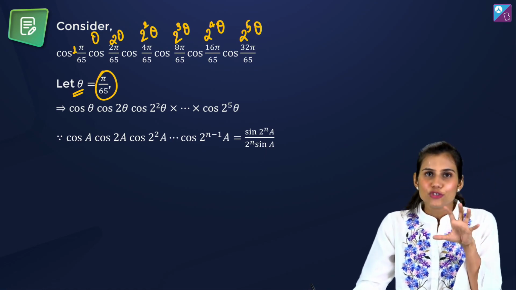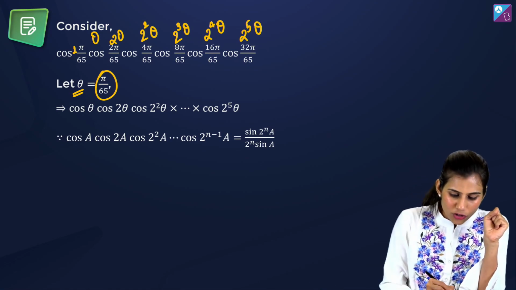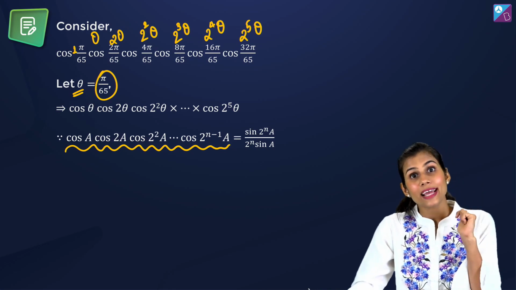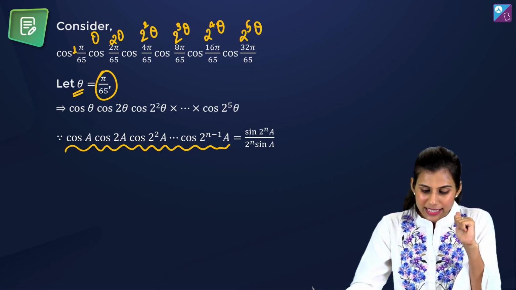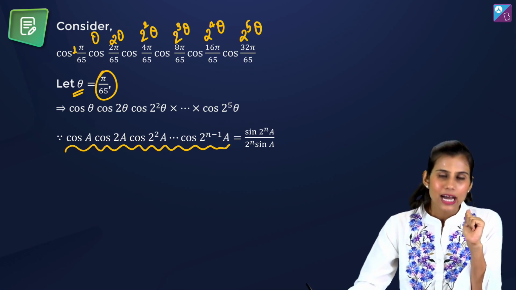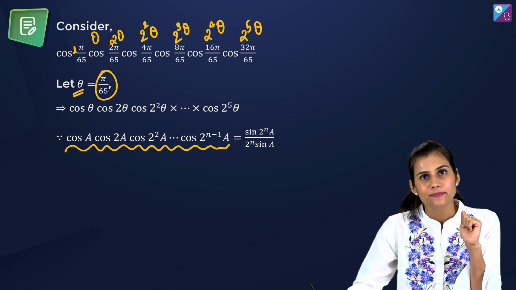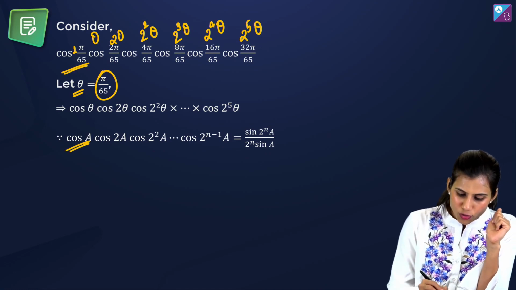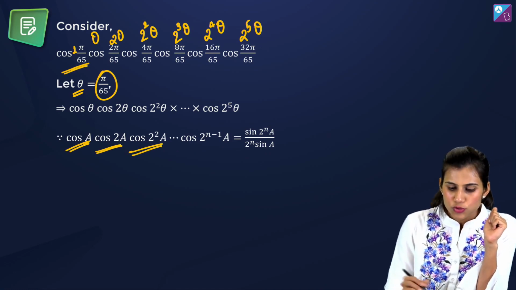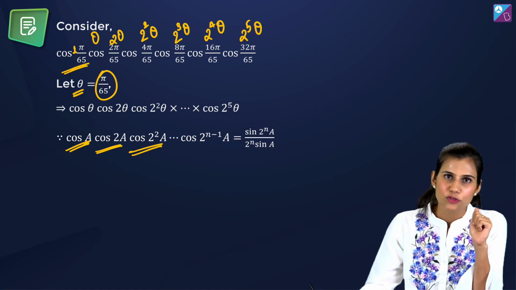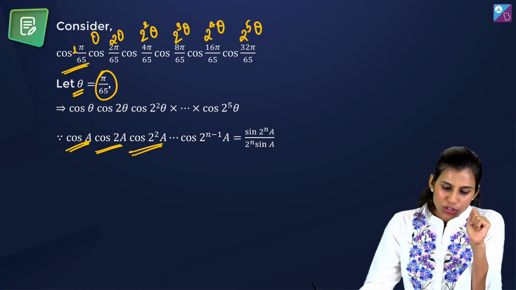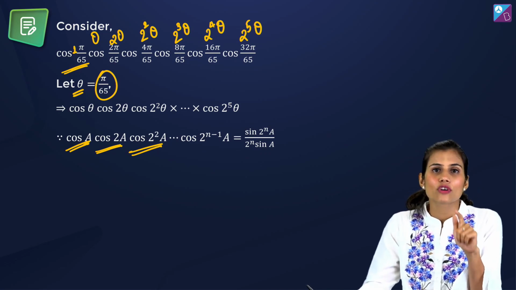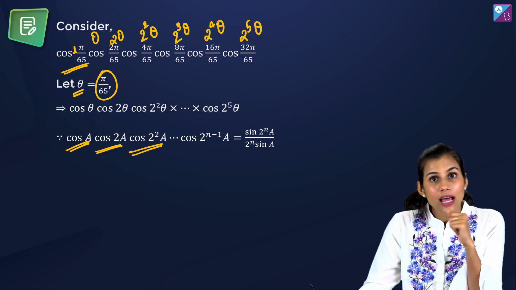This is when you should immediately recollect the result that cos A into cos 2A into cos 2 square A and so on till cos 2 to the power n minus 1 A is given by sine of 2 to the power n times A upon 2 to the power n times sine A. So here cos A is same as cos theta, cos 2A is same as cos 2 theta, cos 2 square A is same as cos 2 square theta, cos 2 cube A is same as cos 2 cube theta, cos 2 to the power 4 A is same as cos 2 to the power 4 theta, and the last term matches.